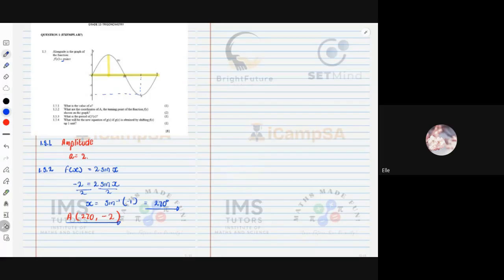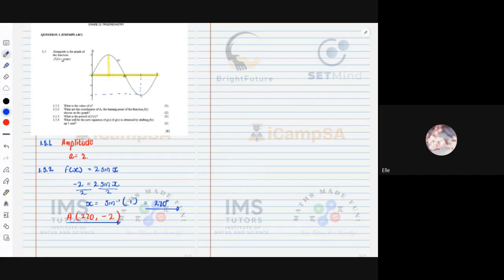Those are the coordinates. What is the period of f at x? For grade 10, just stick with 360 degrees. Even if you don't know, the period is just going to be 360, because your graph hasn't been squeezed or stretched horizontally. It's only stretched vertically.